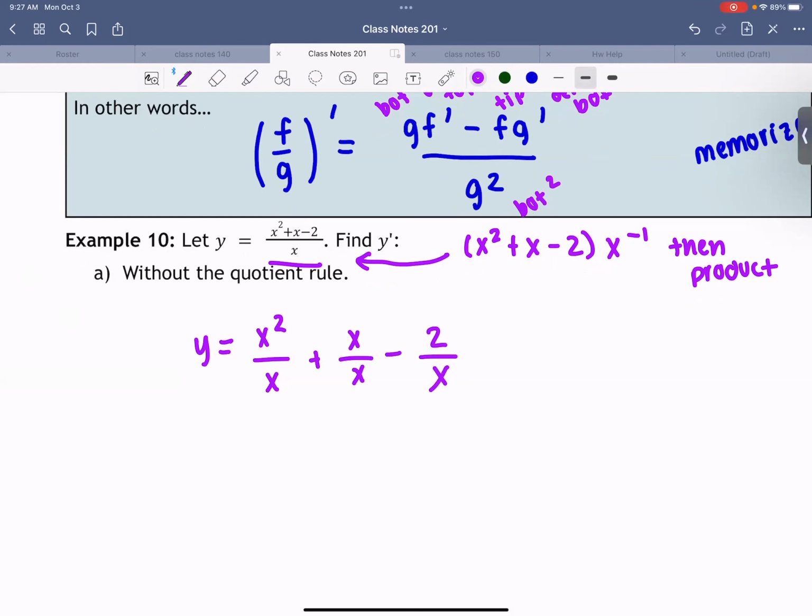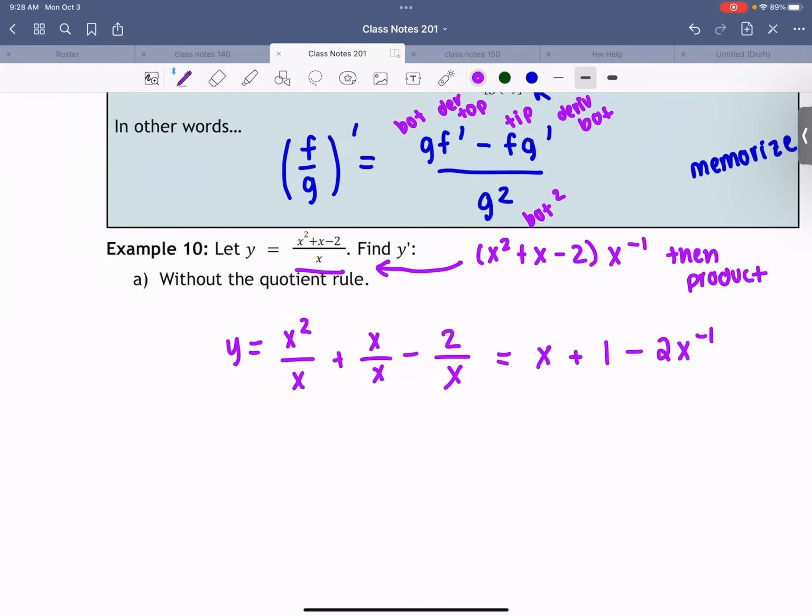The first way is totally fine. Good job. But I think this one might be a little bit easier. So x squared over x is just x, right? x over x is 1. And we've got 2 over x. What's 1 over x? That's x to the negative 1, right? So we can continue doing that.